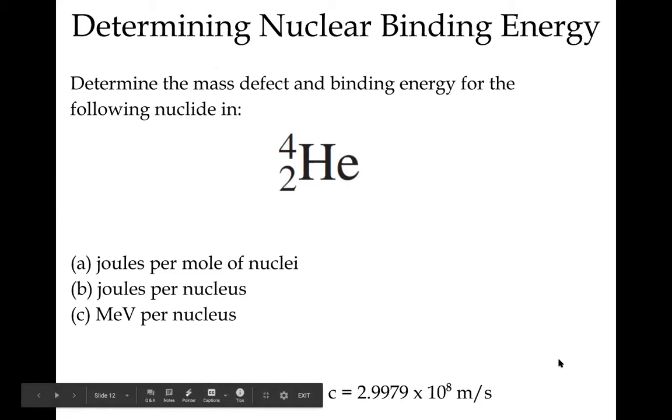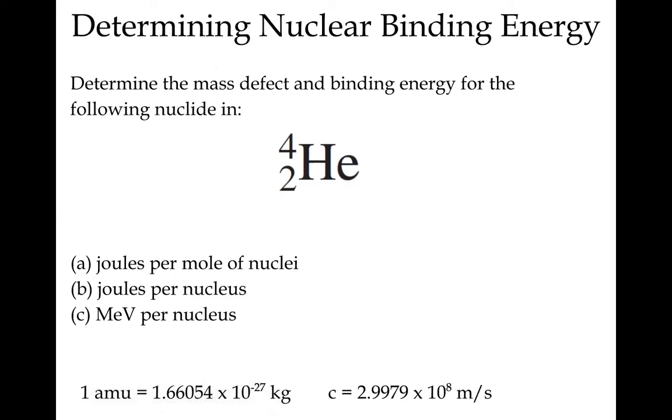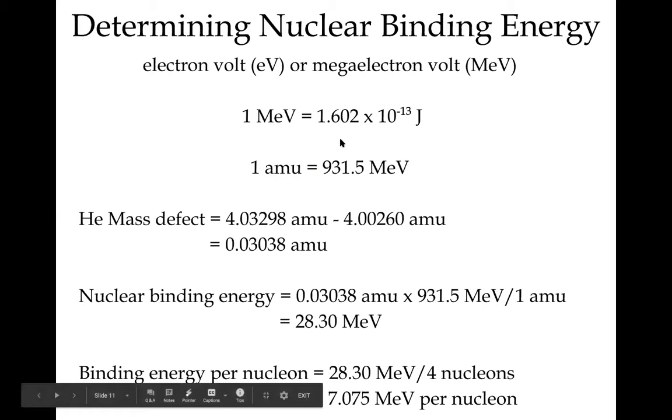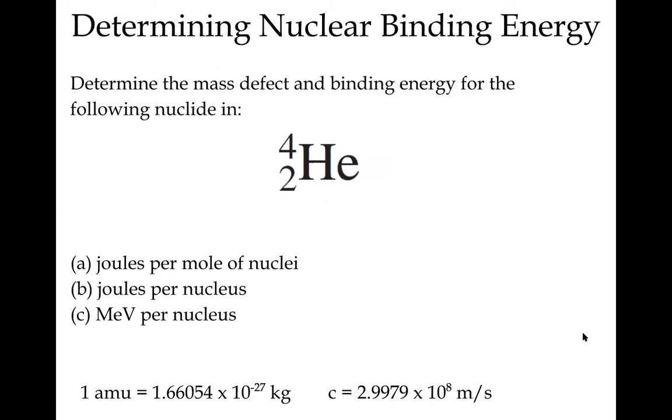So with that in mind, let's take these tenets that we learned and apply them to this problem here. Figure out the mass defect and the binding energy for helium-4 in terms of joules per mole, joules per nucleus, and mega electron volts per nucleus.